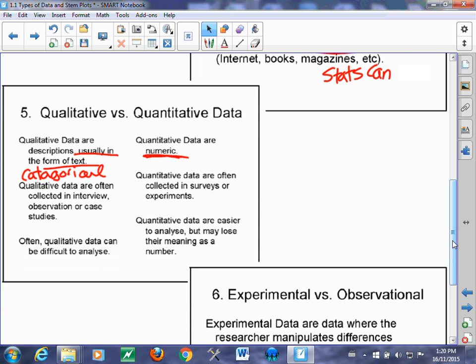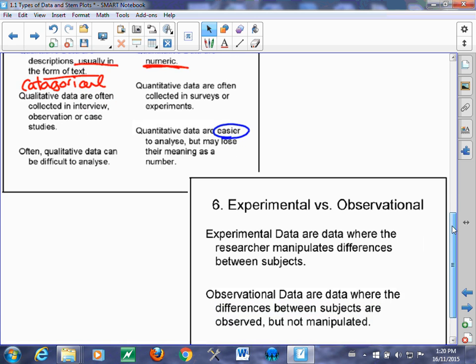Qualitative data is often collected in an interview, observation, or case studies. Often qualitative data can be difficult to analyze because there are so many different answers. Whereas quantitative data is often collected in surveys or experiments, and it's easier to analyze, but you may lose the meaning in the number. So we realize that quantitative is easier, and when you create your surveys, you want to make sure you have enough quantitative data questions presented in your survey.